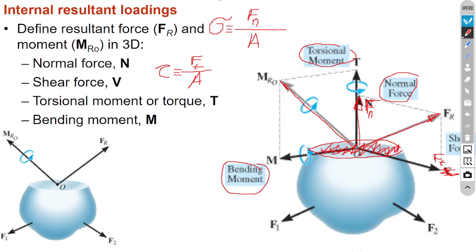The unit of stress is obvious. The unit of force in the SI unit system is Newton, and the unit of area is meter squared. The unit is newtons per meter squared, but in honor of the scientist Pascal, it is written Pascal, capital P, lowercase a.